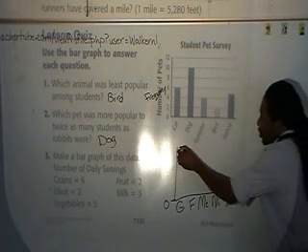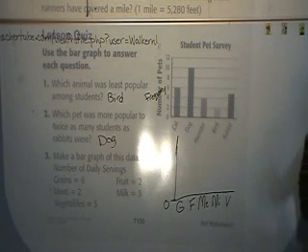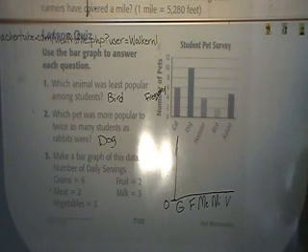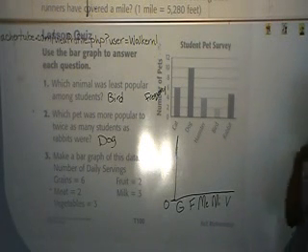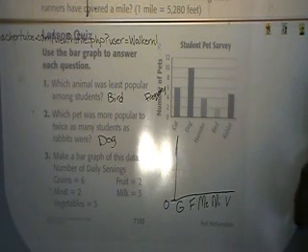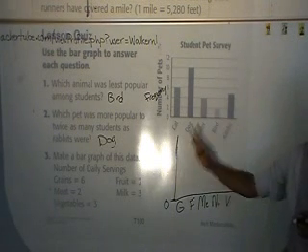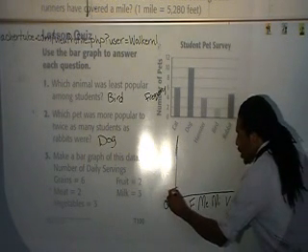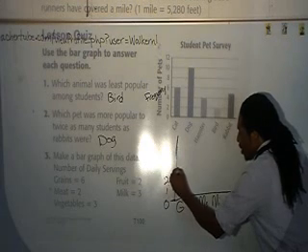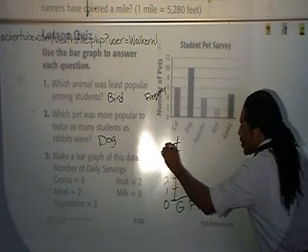With low numbers like this, we can just go by 1s because they're all pretty low. Now, as we get to the higher numbers, we want to use intervals, or really multiples. Multiples of 5, multiples of 6, multiples of 10, multiples of 50. But we'll look at our range to see what those multiples should be. I'm just going to go with multiples of 1. 1, 2, 3, 4, 5, 6.